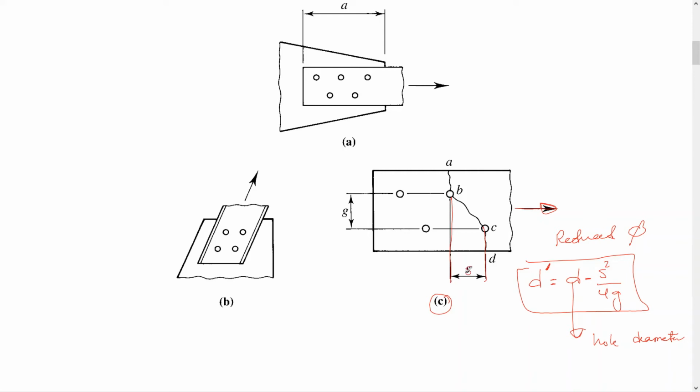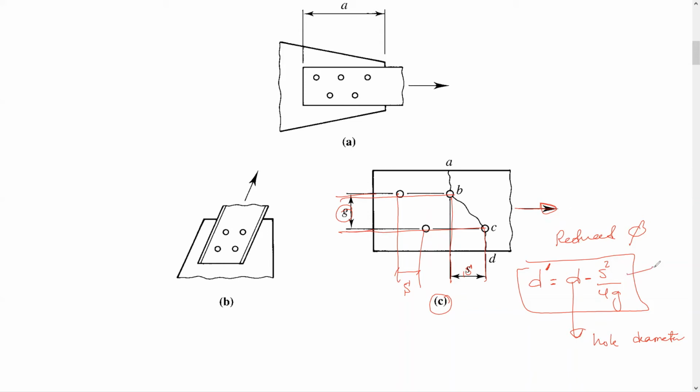This is S, what we call stagger or pitch, always in the direction of the load. It could also be this S. G is the gauge, the transverse spacing, perpendicular to the load direction. So between here and here, that is G. These are the parameters for this equation.